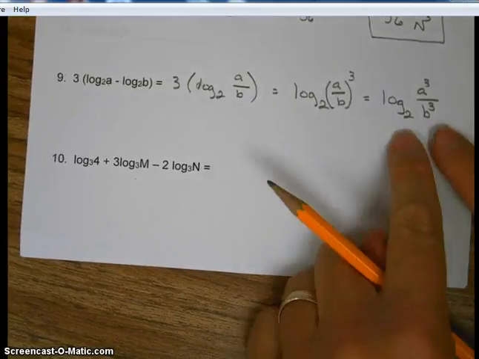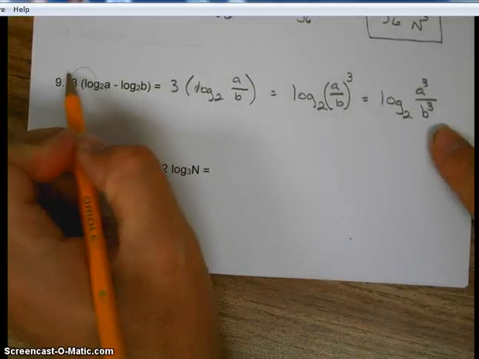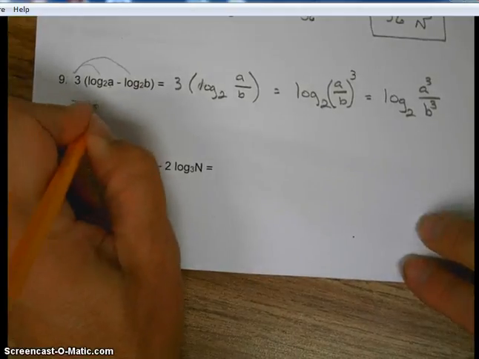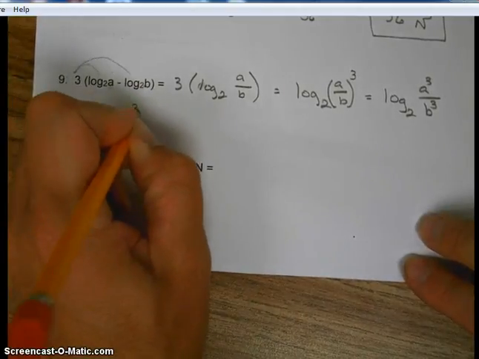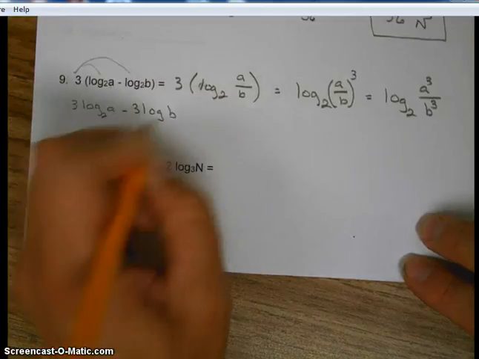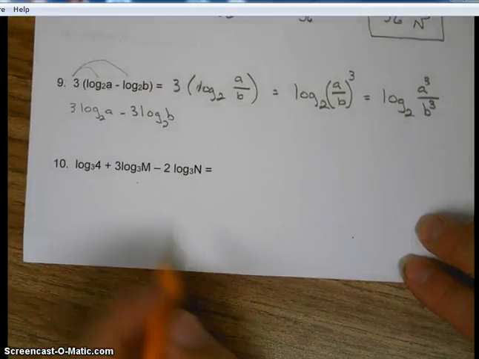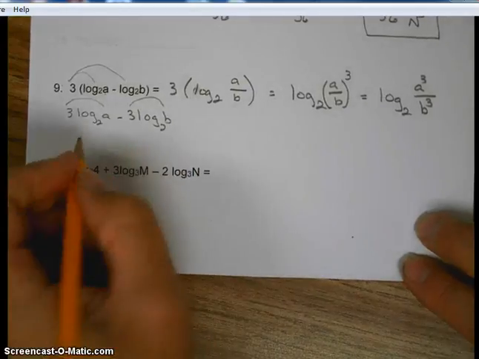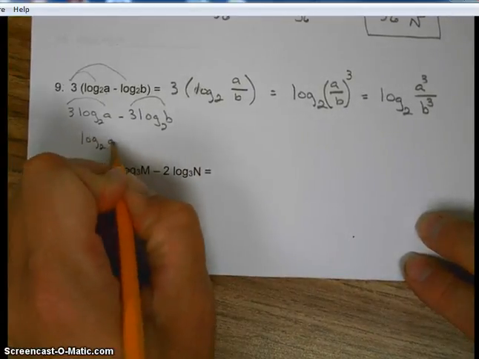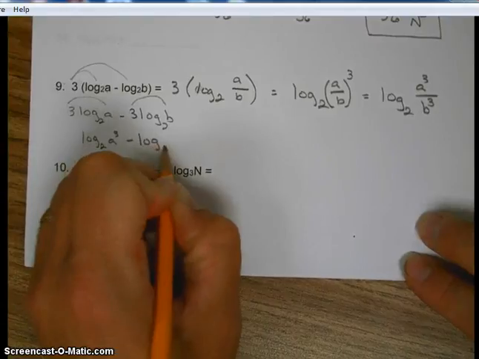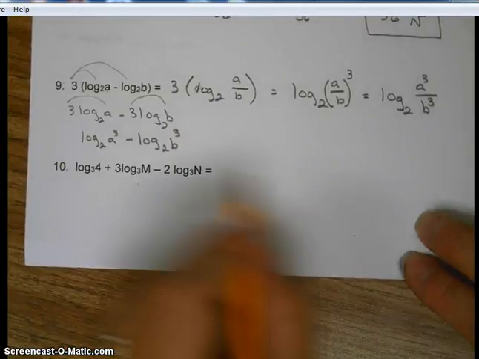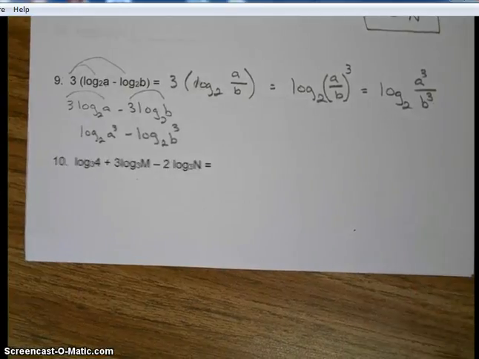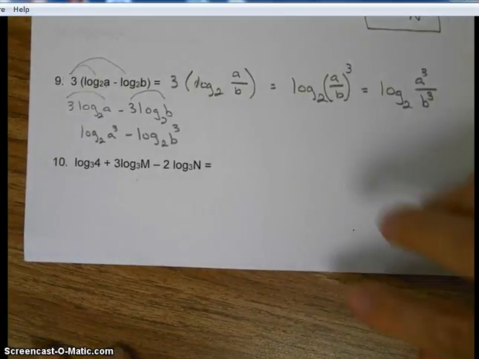Now you would come up with that same answer if you distributed the 3 onto both, okay? Because you would have 3 log base 2 of a minus 3 log base 2 of b. And raising the 3 up onto both of them. And subtraction would be dividing, and we would be back to this answer right here. So either route works.